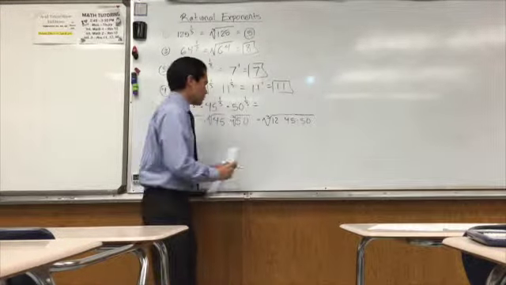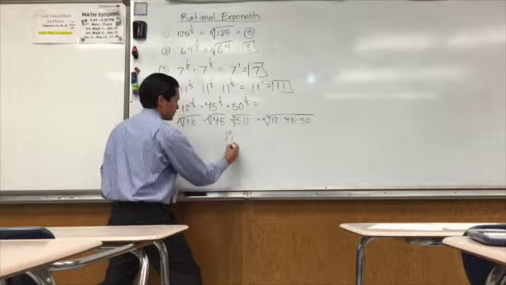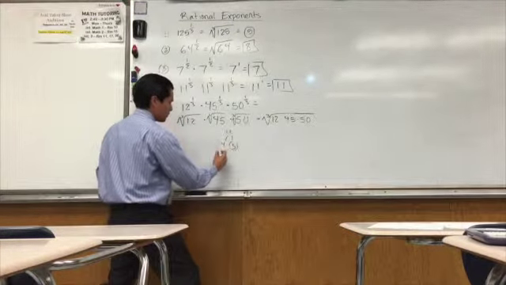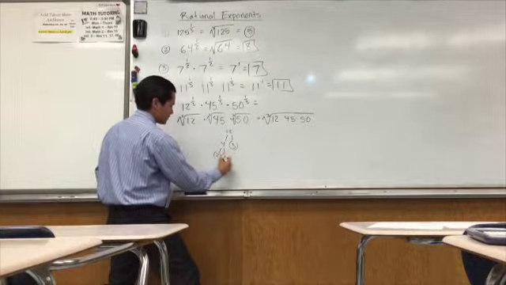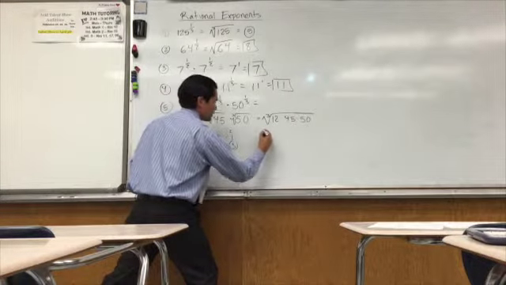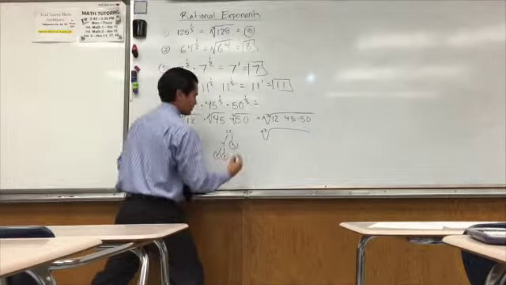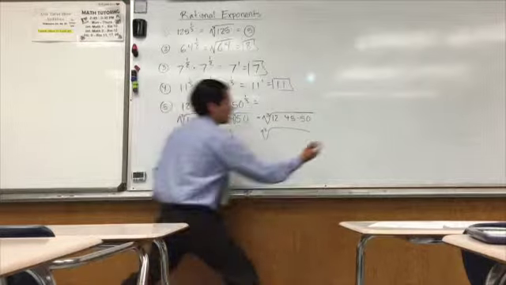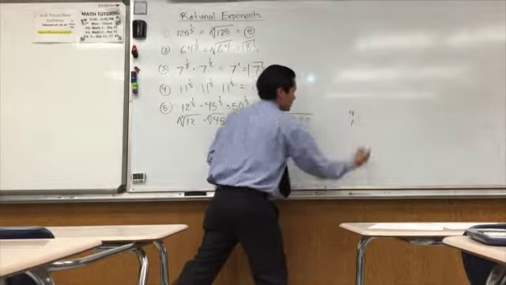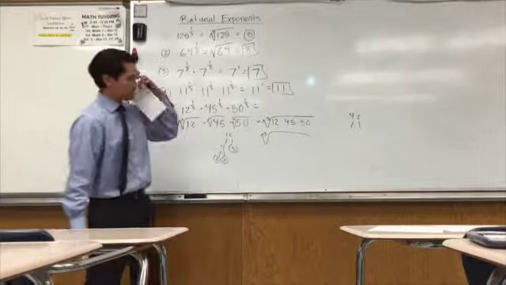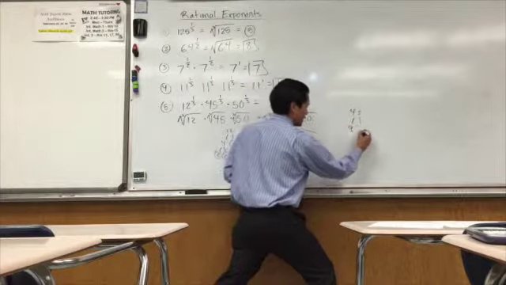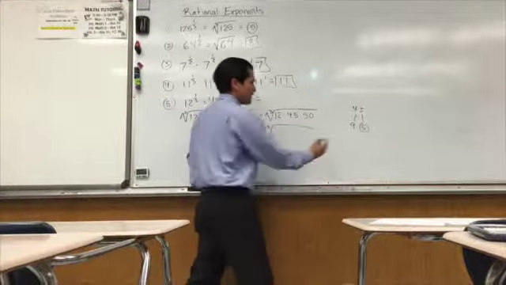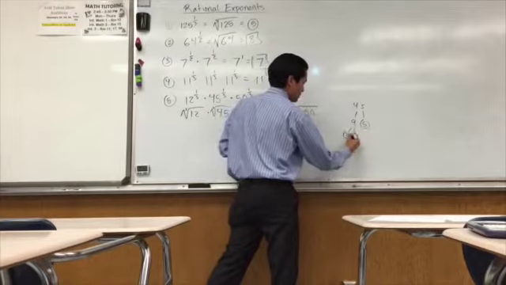Okay, let's make a factor tree for 12. That'll be 4 times 3, and 4 is 2 times 2. So 12 is 2, 2, and 3. Let's make a factor tree for 45. I'll do it over here. What makes 45? 9 and 5. 5 is done. 9 is 3 and 3.